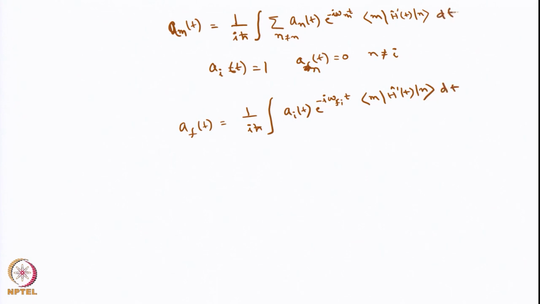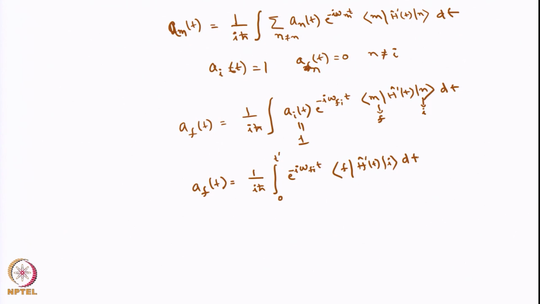Since a_i of t is equal to 1, multiplying by it has no meaning, so we will get a_f of t is equal to 1 over i h bar integral, of course over some time t prime, e to the power of minus i omega_fi t, and this will become f h prime of t i, dt.